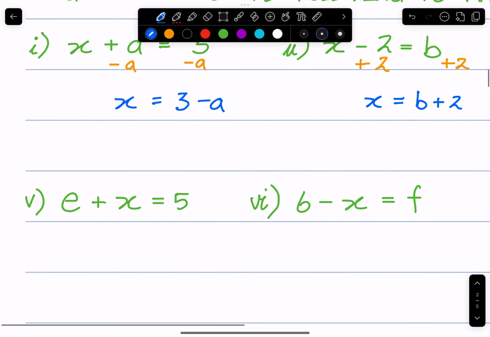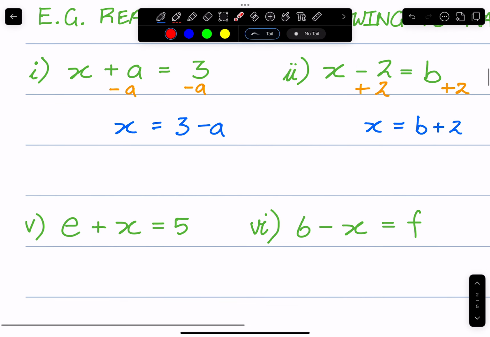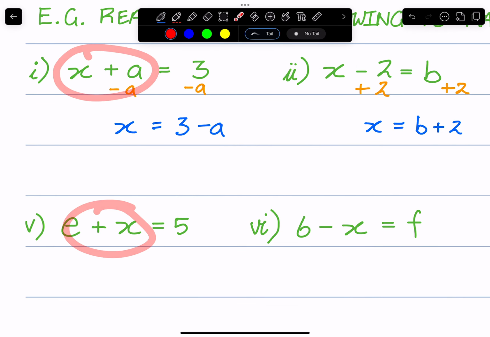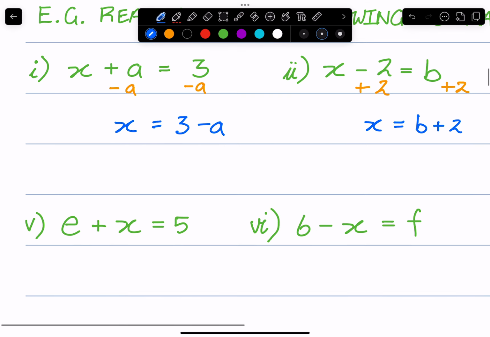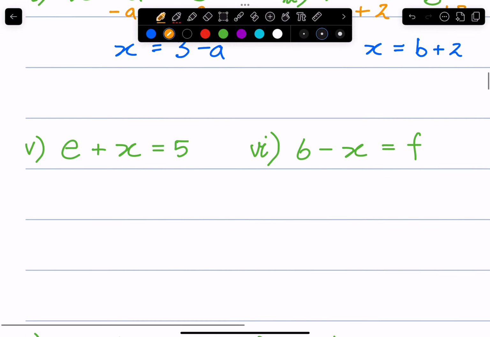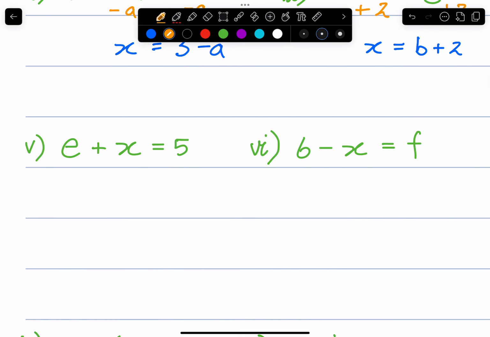Now, notice how it feels like it's different, but in reality, these are the exact same question. It's just that now you need to be mindful of the order of whether x or the other expression comes first. So in this case, we still want x to be the subject, so we subtract e since this e is positive. So we minus e. In this one, we write this as x equals 5 minus e.